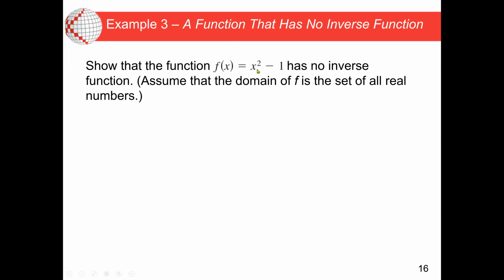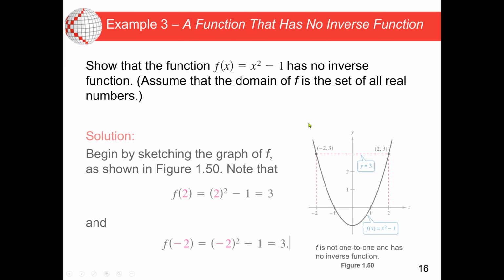Another way of doing this is that if we solve the equation, we find out that if we have an input to the function, we can generate more than one output. Then it has no inverse function. And actually, it's not a function also. So let's try this problem.